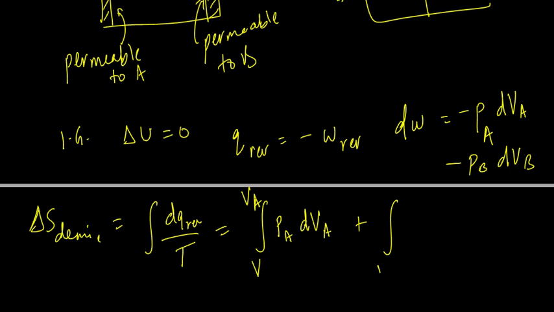Plus going from V all the way to VB, PB dVB. Right? That would be work divided by temperature. So that just gives me the same expression we worked out earlier.